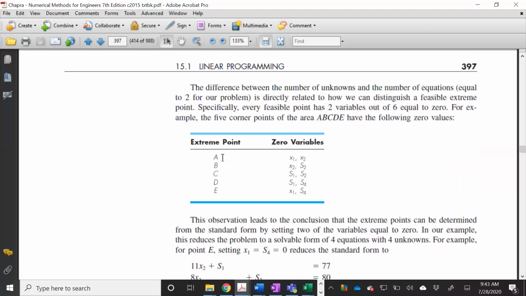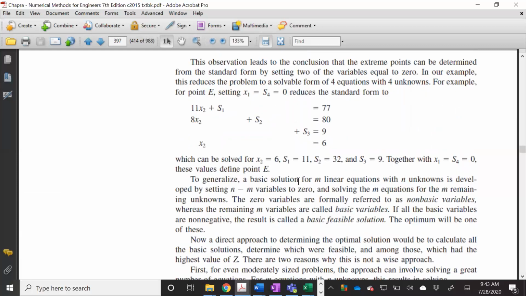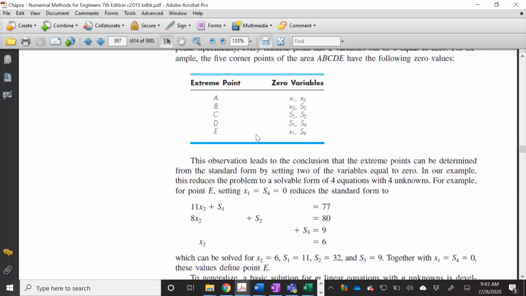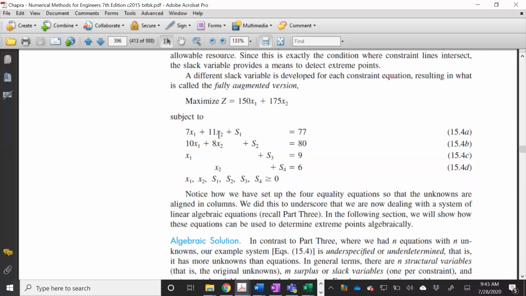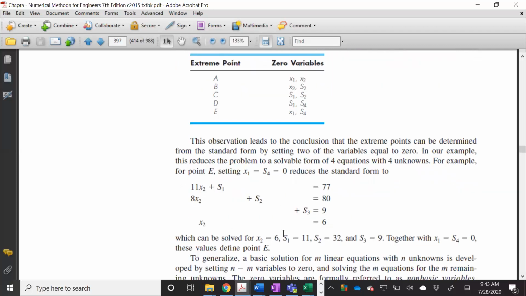So extreme points A, B, C, D, E. In order to develop the equations in a simple way, 11x2 plus S1 based on this equation. You maintain the value of x2.